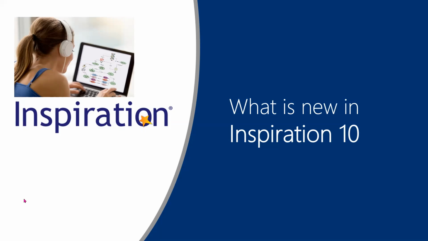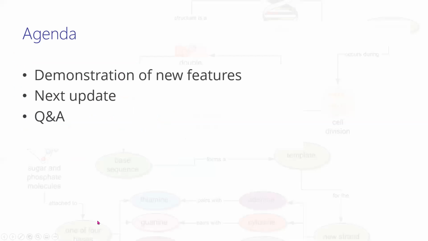So let's look at the agenda. As I said, we'll be demonstrating the new features. We'll look at the next update to Inspiration. For some of you, you may have joined last year or the beginning of this year, when we first did a demonstration of what we wanted to look at in Inspiration 10. We got some great feedback from the N.O.A.T community in terms of the things that we should be introducing into version 10, and some of that feedback did go into this release.